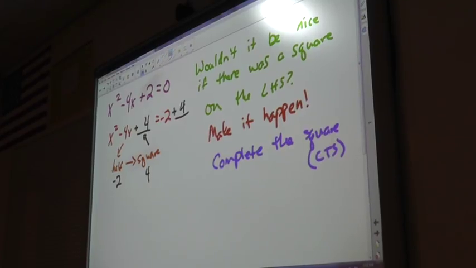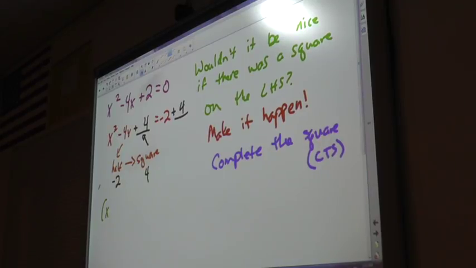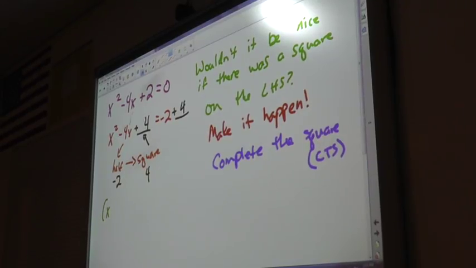All right. So now here's the magic. Remember this because pretty soon we're not going to have numbers anymore. We're going to have weird letters, and so you're going to want to know this. Now, can you guys factor this up here? Can you guys see how to factor this? But also notice this.